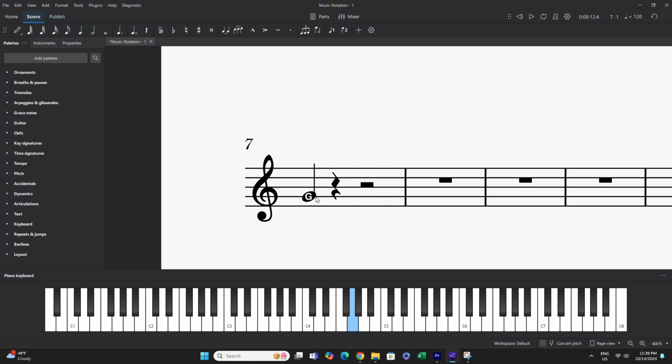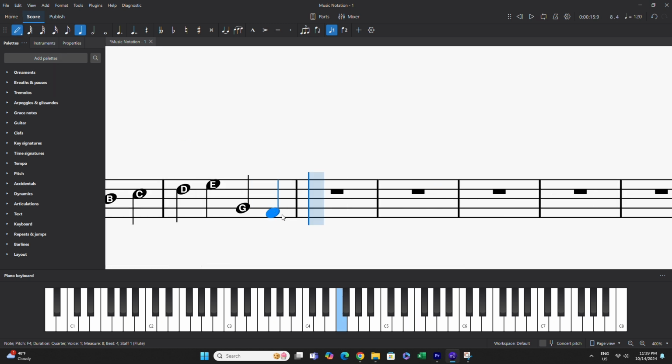Every time you move up one line or one space on the staff, you move to the ascending note, or the next note in the musical alphabet. Likewise with descending notes.